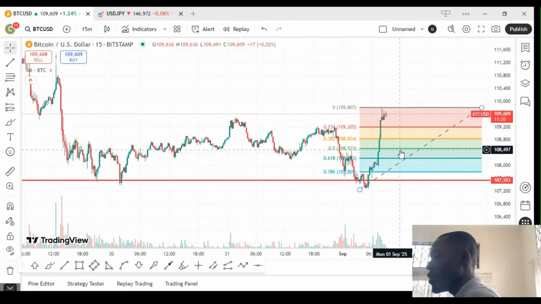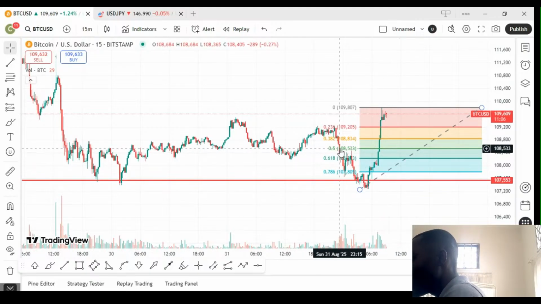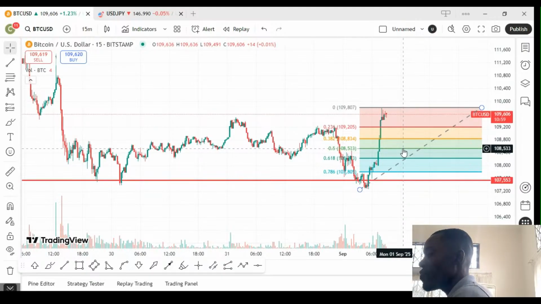There should be a rejection, which can be a pin bar, either a hammer pin bar or a doji candlestick. It can be a harami pattern formed over there. So once the market retraces to the 50% Fibonacci level, and we see any of these patterns, a bullish engulfing candlestick formed, then you buy the market.